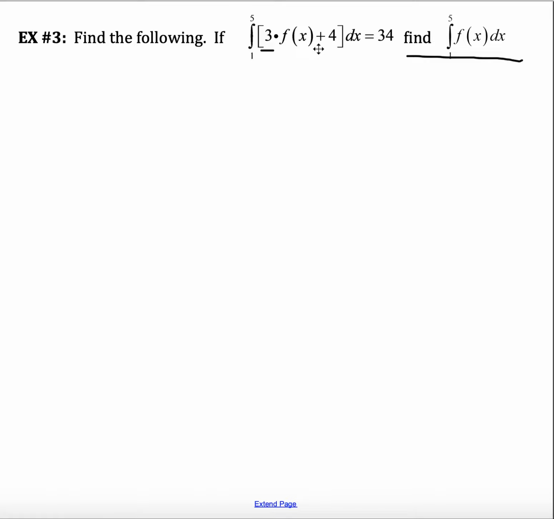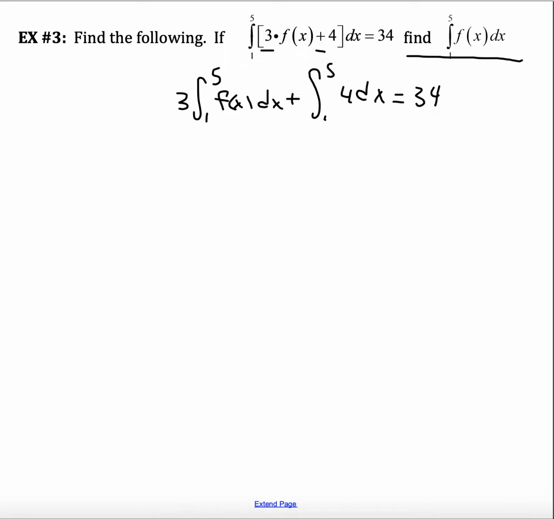We have some addition rules, and all that is going to be equal to 34. So let's do the first step. This is going to be equal to 3 times the integral from 1 to 5 of f of x dx plus the integral from 1 to 5 of 4 dx, which is equal to 34.